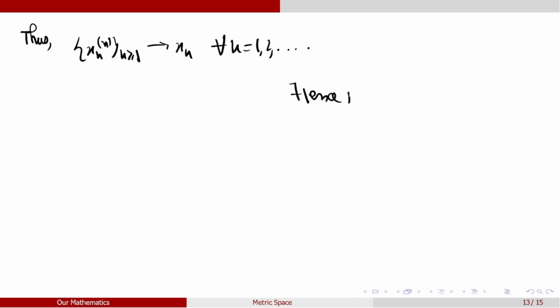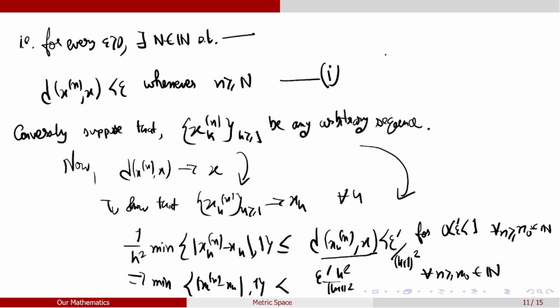That is, we can conclude that xkn converges to xk for all k equal to 1, 2 and so on. So mark this as 2, and that means we have proved both parts, and hence proved.